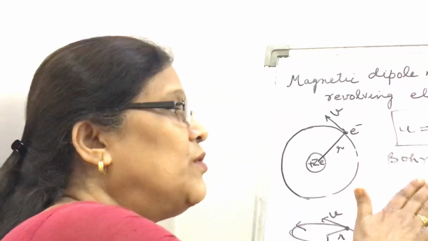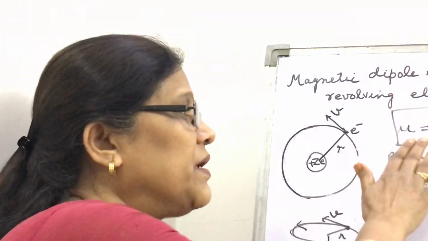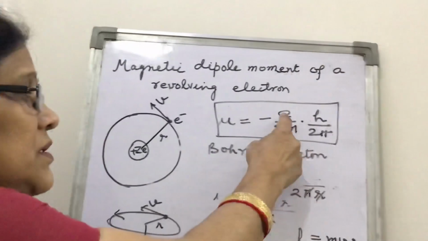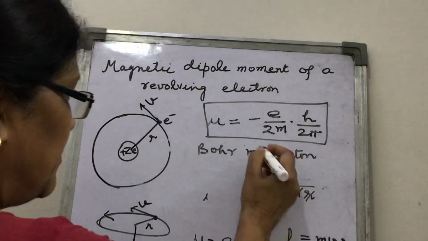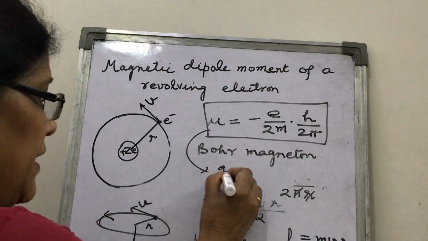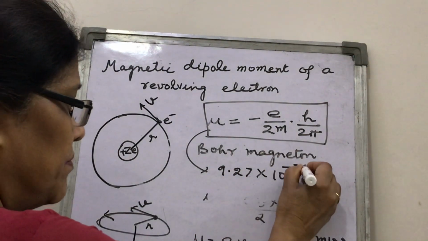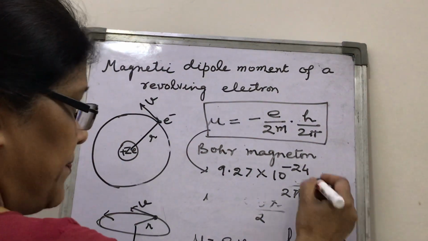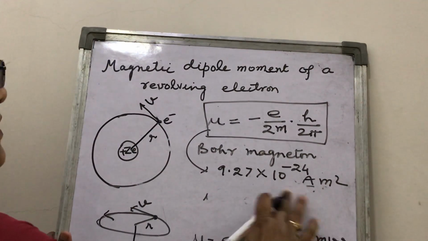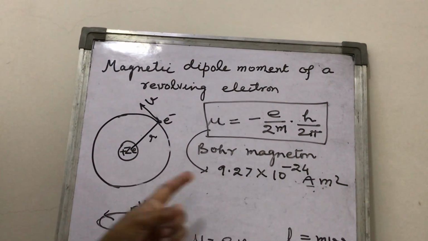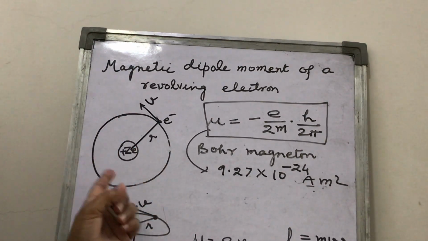So here is how the Bohr magneton has been derived, what the Bohr magneton is and what its value is, because with all the constants, the value of the Bohr magneton is found to be 9.27 into 10 to the power minus 24 ampere meter square. So this is the Bohr magneton, its expression and its value for the electron which is revolving around the nucleus.